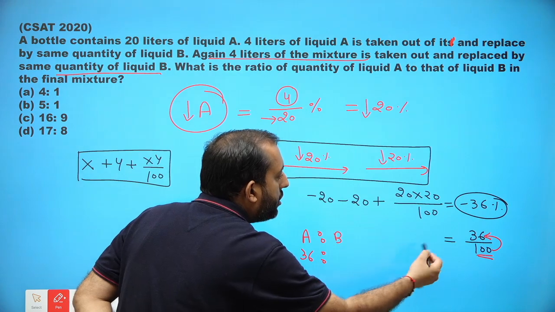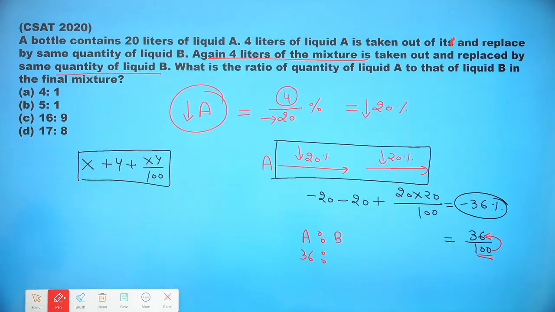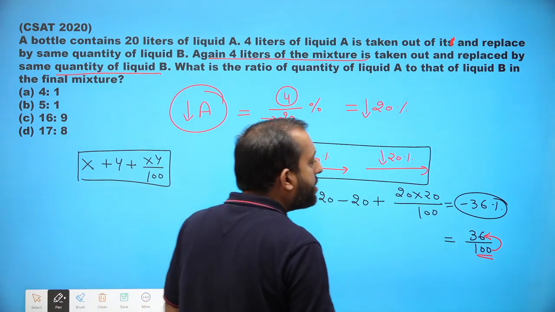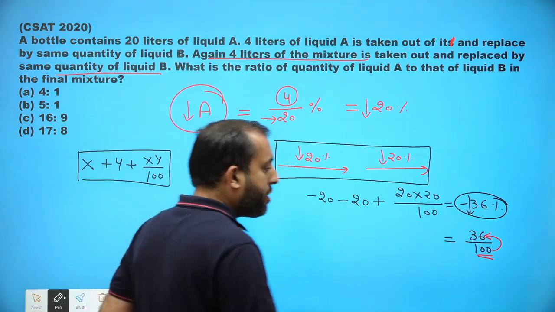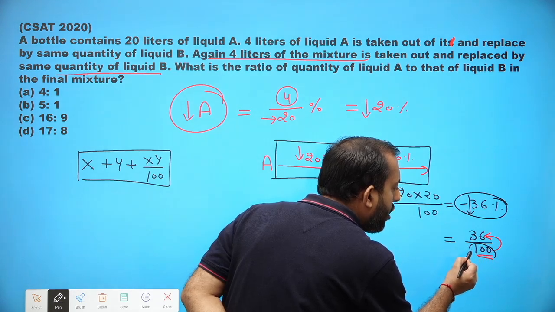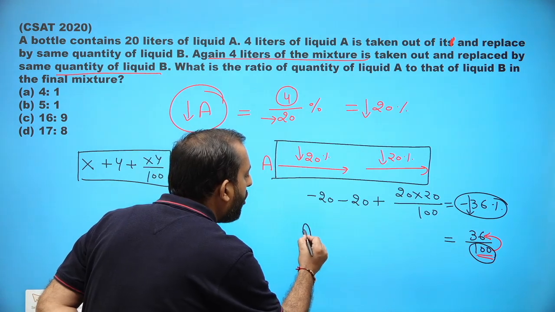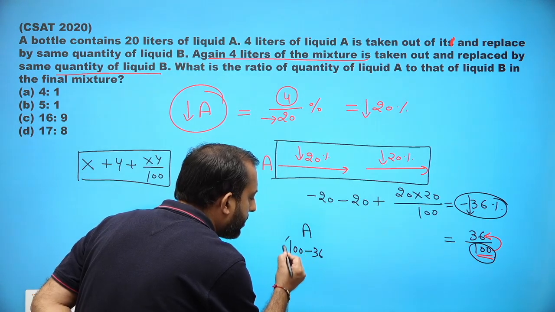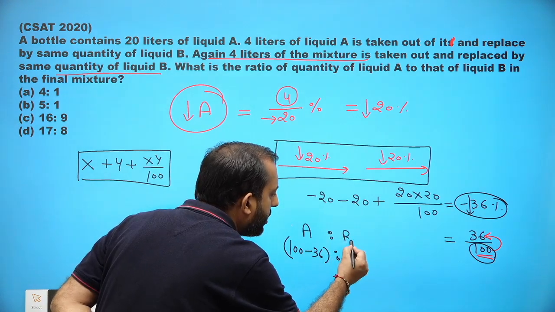I'm really sorry, just a second guys, kindly correct it. See, this is the net decrement, which means if initially the quantity of liquid A was 100, it will get decreased by 36.